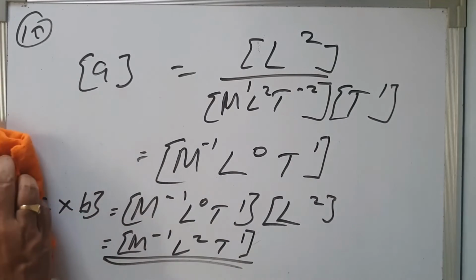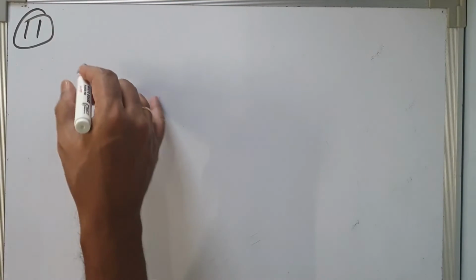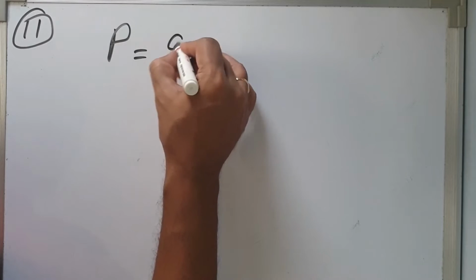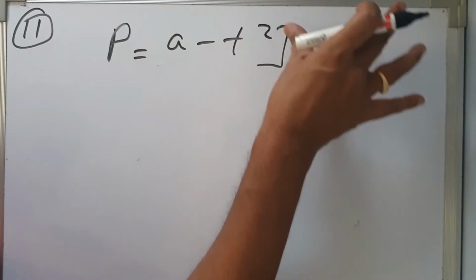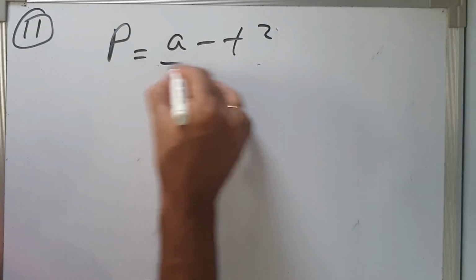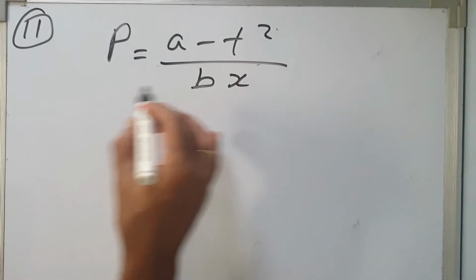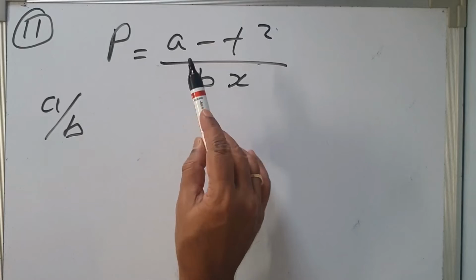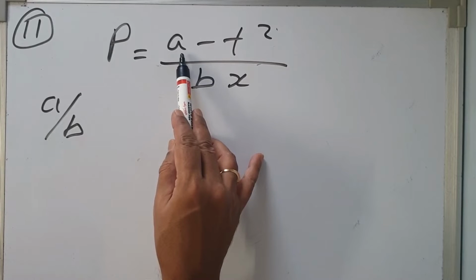Now 11. In 11 we have pressure P is equal to A minus T squared upon Bx, and you are asked to find A upon B. As in the earlier case, A and T squared should have the same dimensional formula, or else A minus T squared is not valid.